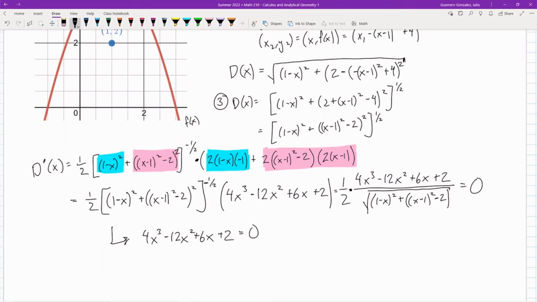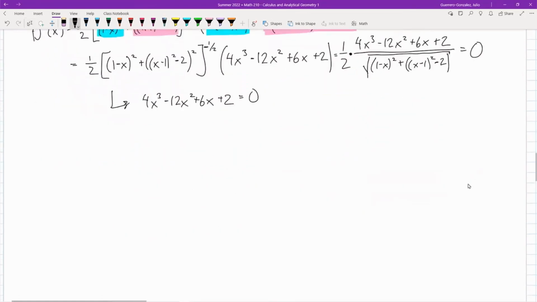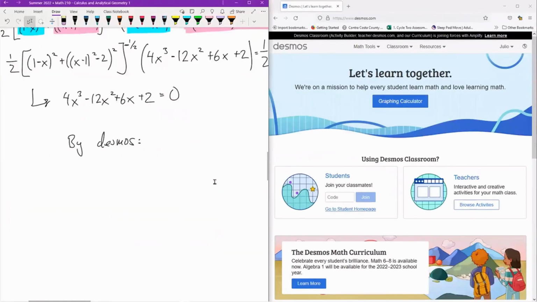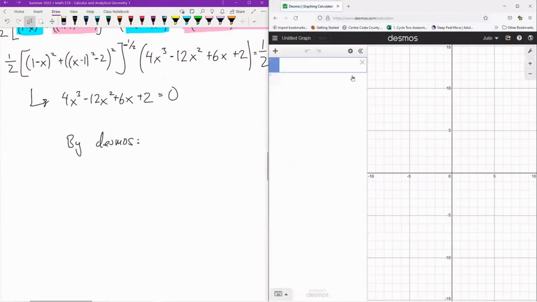So I'm going to write down here so that people don't get lost. I'm going to do a double window thing here. I'm going to find out when that thing is equal to 0.